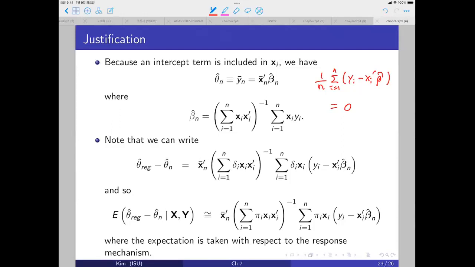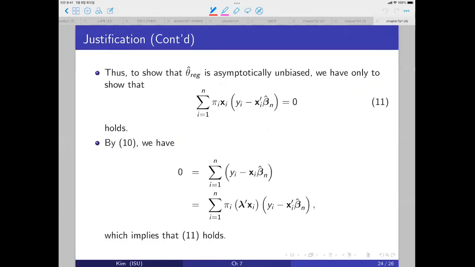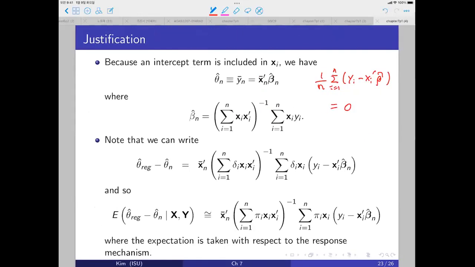Now we need to evaluate the conditional expectation of the difference. We want this conditional expectation to be 0.